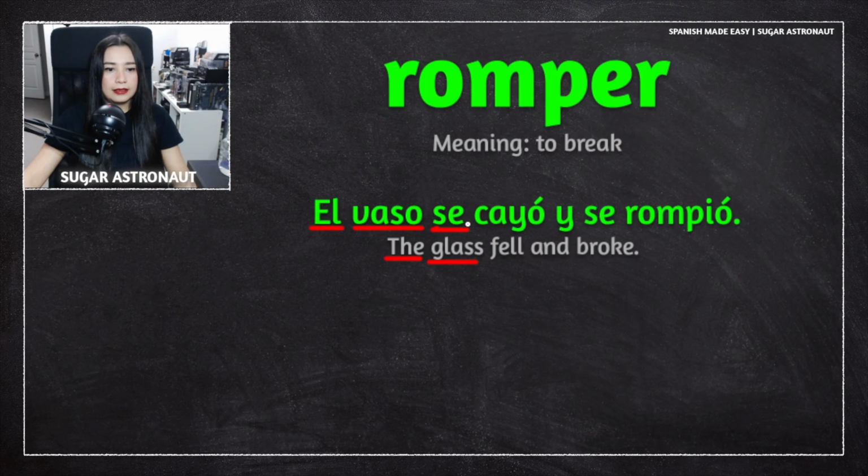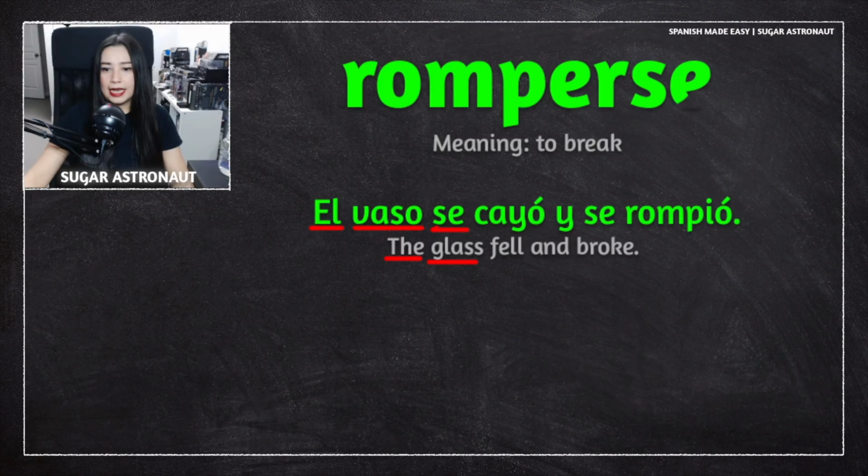Se is a reflexive pronoun, and it means quite a few things. It means himself, it means herself. It's just a reflexive pronoun. So when you see a verb with this term, se, you can't see that, just let me reveal that for you.